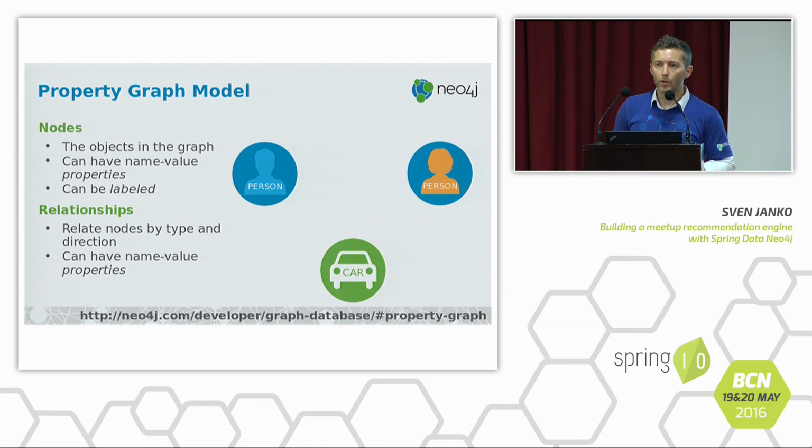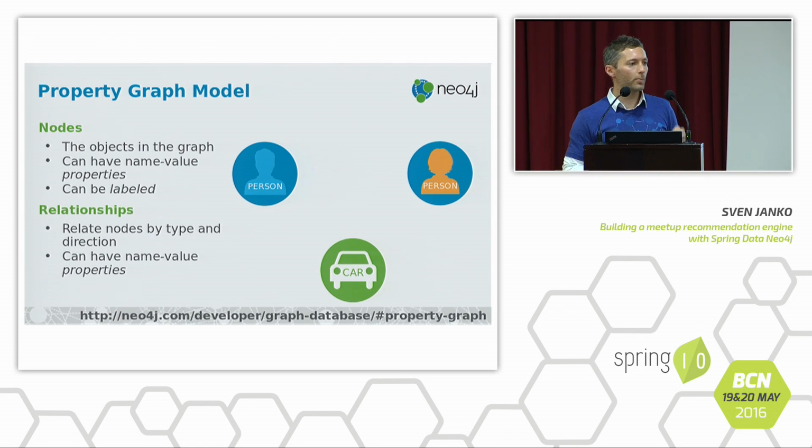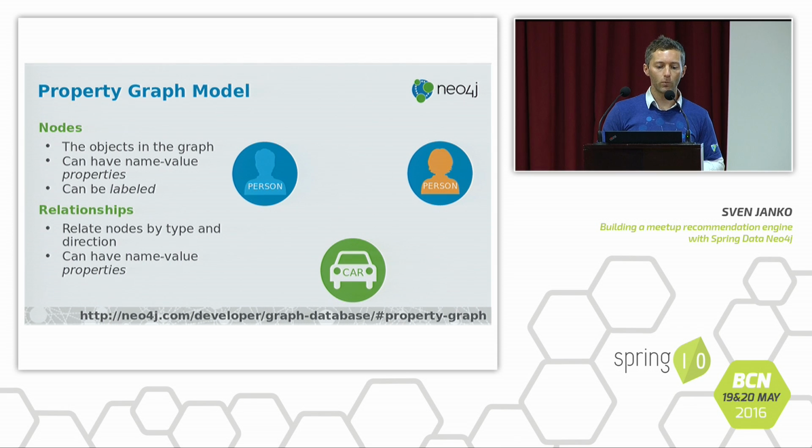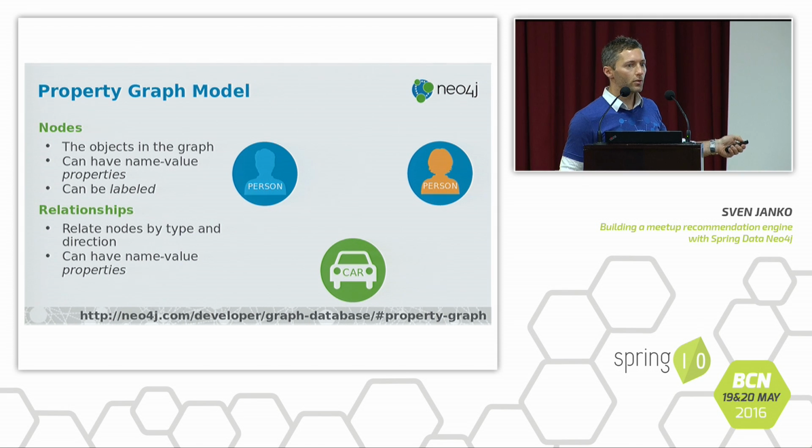The next thing we want to look at is the property graph model, which is the basis Neo4j and graph databases in general work on. So what are the main building blocks of our graph model? That is, on the one hand, the nodes. In this simple example, we are seeing 3 nodes here.